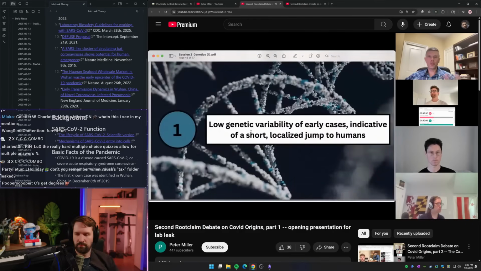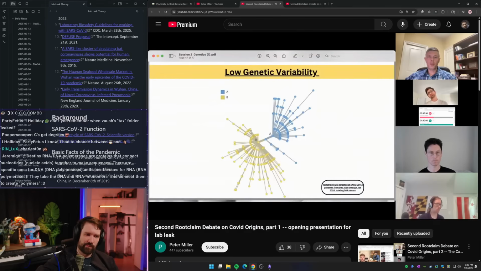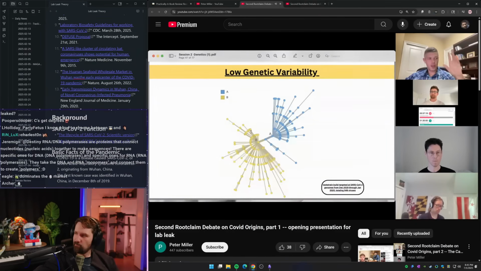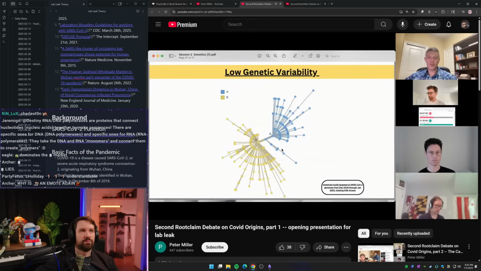Okay, so in terms of the low genetic variability of the early cases, let me talk about this a little bit. This is a diagram of 549 of the earliest SARS-2 genomes sampled between December 2019 and January 2020, basically the very start of the outbreak. This diagram shows that the early cases split into two distinct lineages, each radiating from an intermediate A/B genome.